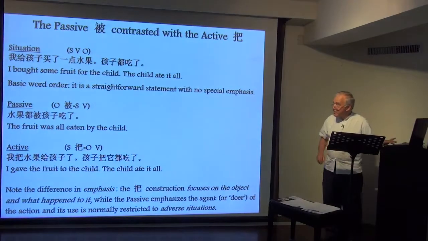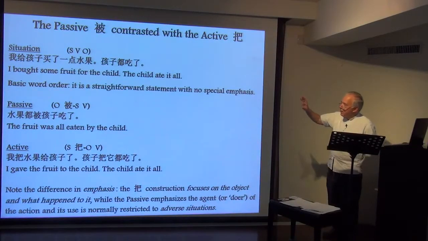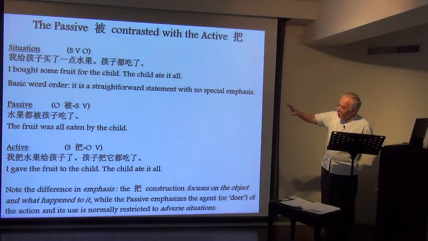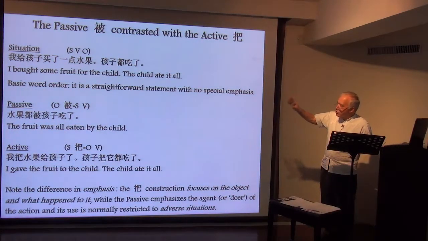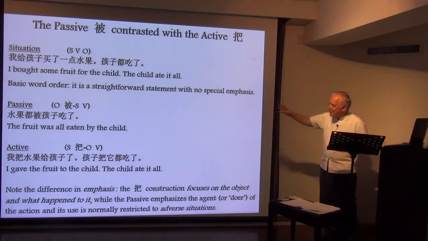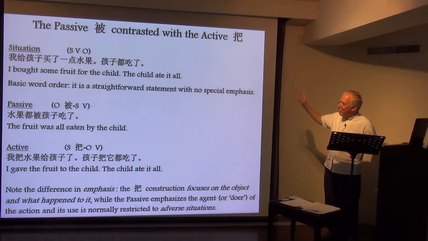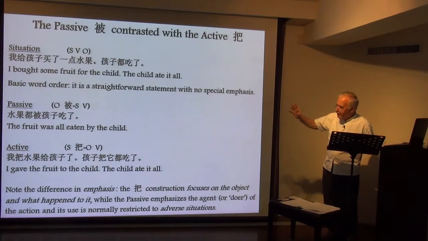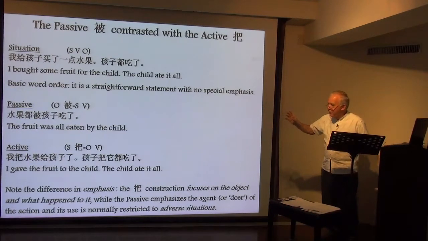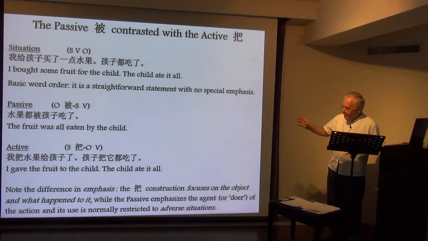So let's just look at this as a summary. An ordinary situation, 我给孩子买了一点水果，孩子都吃了. I bought some fruit for the child, the child ate it all. Basic word order, a straightforward statement with no special emphasis. Now the passive, 水果都被孩子吃了. The fruit was all eaten by the child. But using bar, the active, 我把水果给孩子了，孩子把它都吃了.